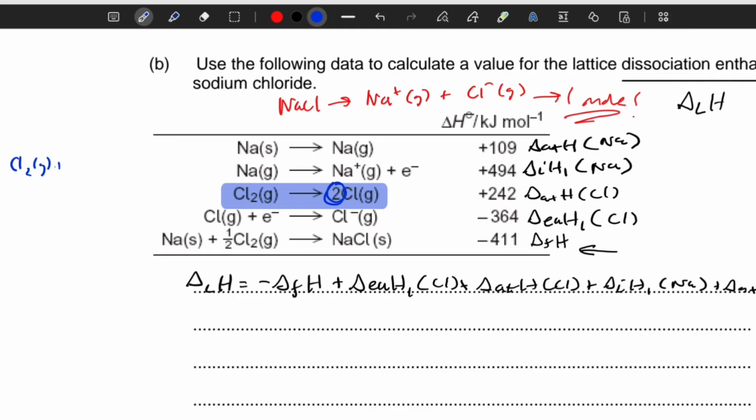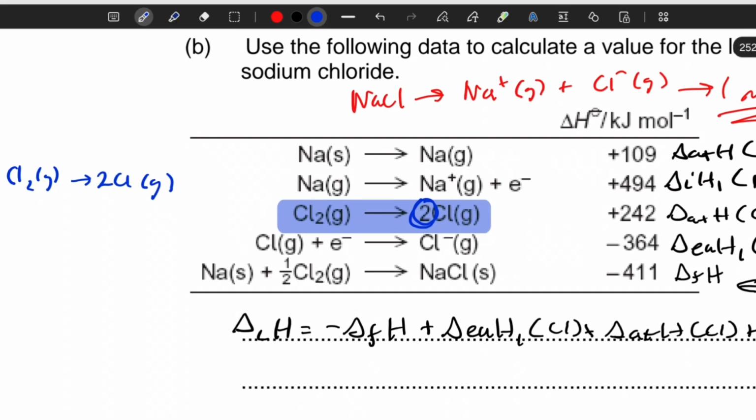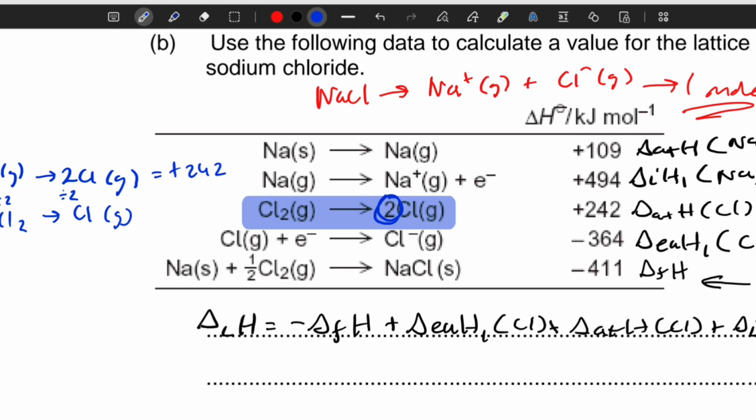So let me just write this here on the side. This shows 2 moles of chlorine. We want 1 mole of chlorine. So that's by dividing by 2. Divided by 2, that'd be half of chlorine then. So since this is plus 242, if you also divide by 2, that's going to be plus 121. So that's what we're going to use, because that's for 1 mole of chlorine.